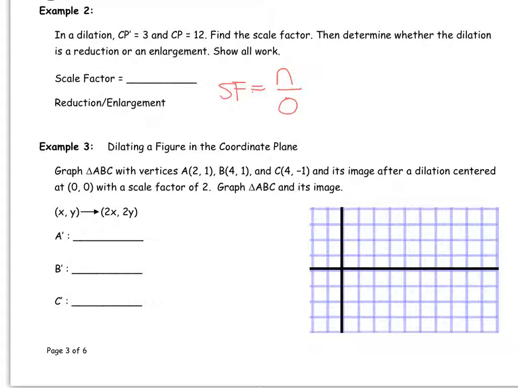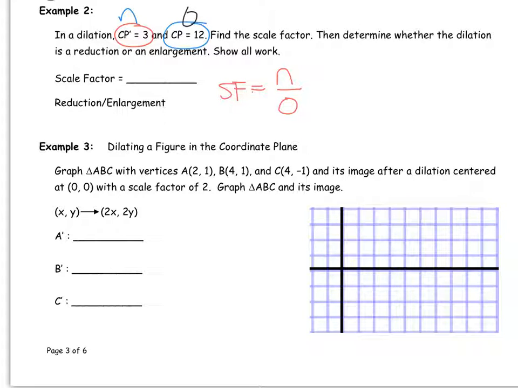Example 2: in a dilation, CP prime equals 3 and CP equals 12. Find the scale factor, then determine whether the dilation is a reduction or an enlargement. Big hint here: because this is our prime, that tells me that's definitely the new one, which makes this one the old.